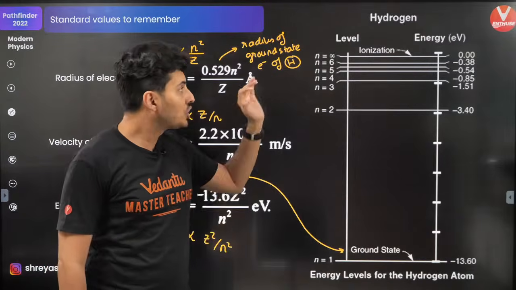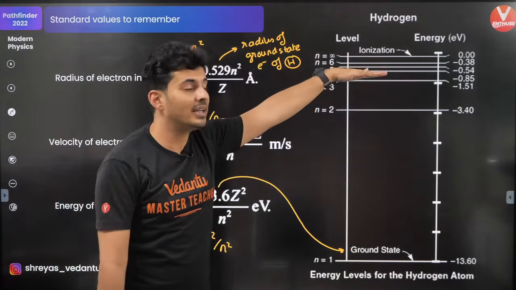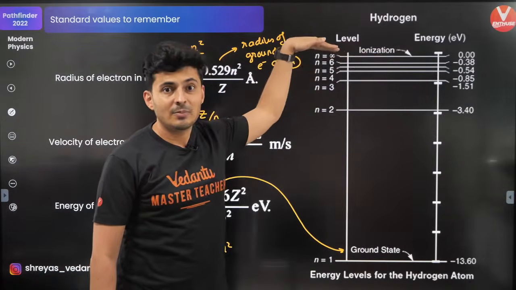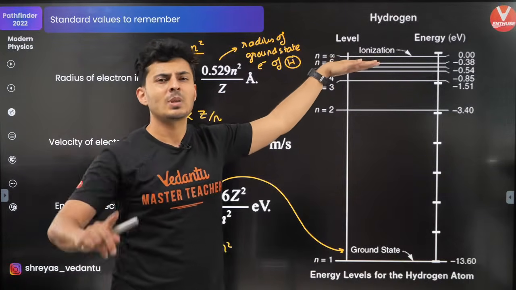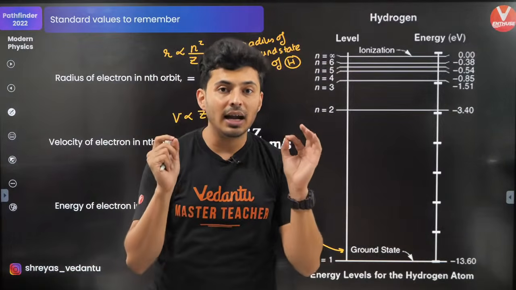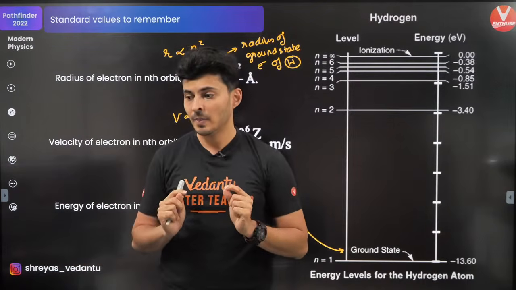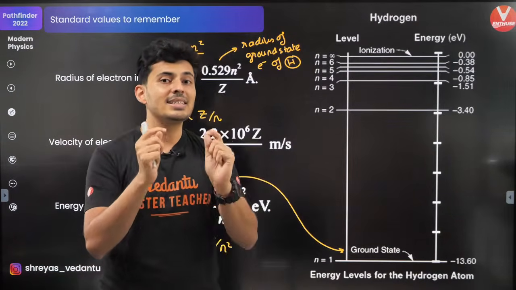Understood, my warriors? So when it is pulled outside the atom, n tends to infinity, and that is basically your 0 energy level. So if I ask you to ionize a ground state hydrogen atom, what amount of energy is needed?